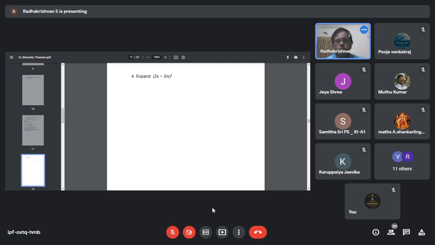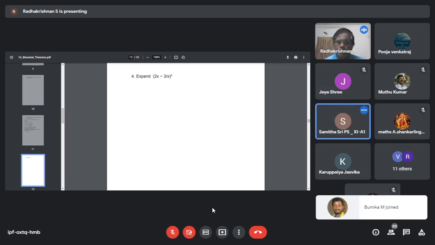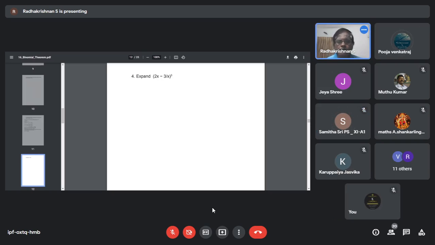Tell me one term as soon as you write it, because completing it is taking time. Okay sir. You can write first term, second term, third term. First term is 2x the whole cube. What do you get? 8x cube, sir. Very good.